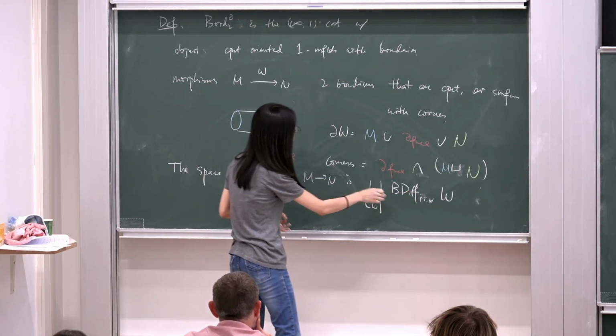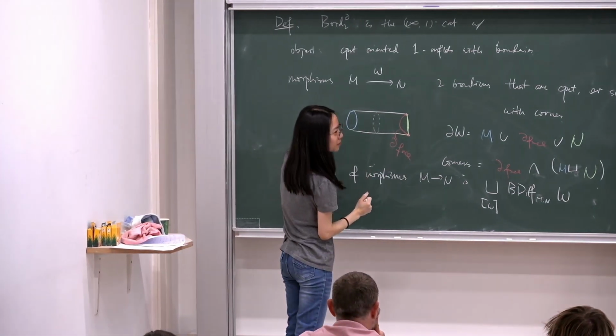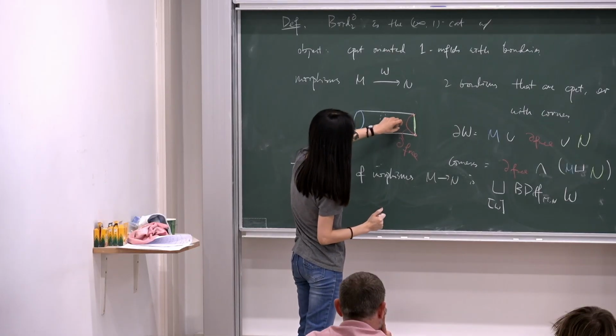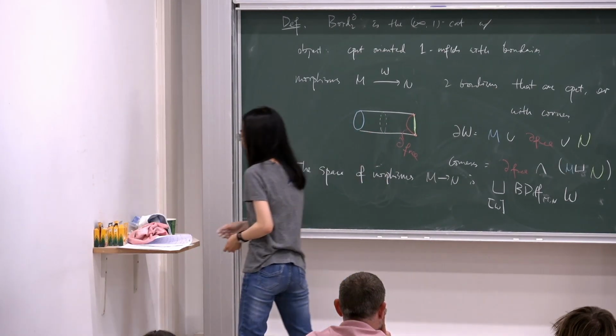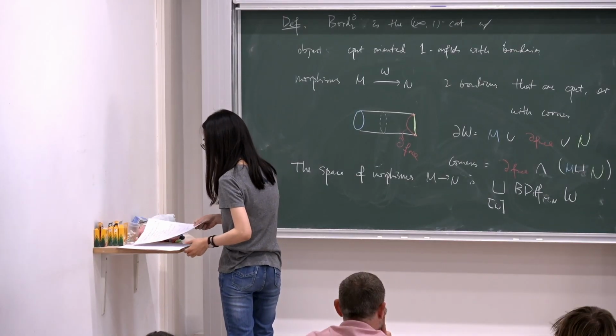So again, the diffeomorphism only fixes the boundaries of the objects, but it's free to move the free boundary around. So if I have a circle boundary, I can just move it around freely.